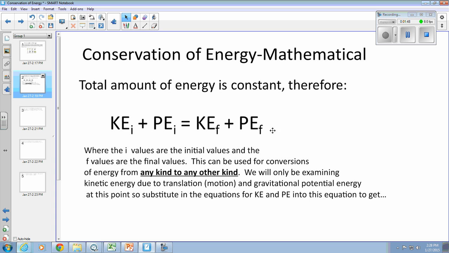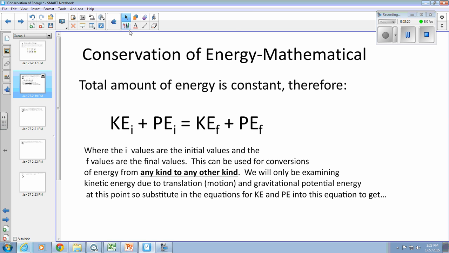Now, we are sticking with the mechanical realm of things as it relates to gravitational potential energy and translation or motion, things that are moving. So that's kinetic energy, as we talked about before, and potential energy. I stands for initial, F stands for final. So whatever you have initially, that's what you should have in the final state of things.